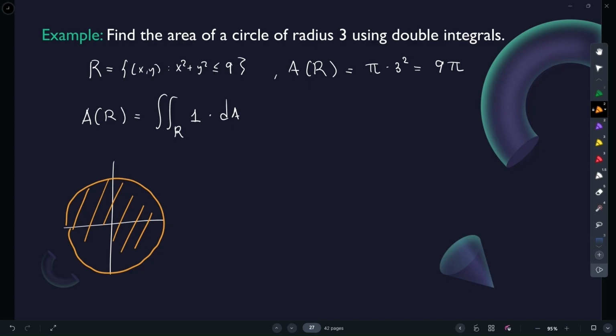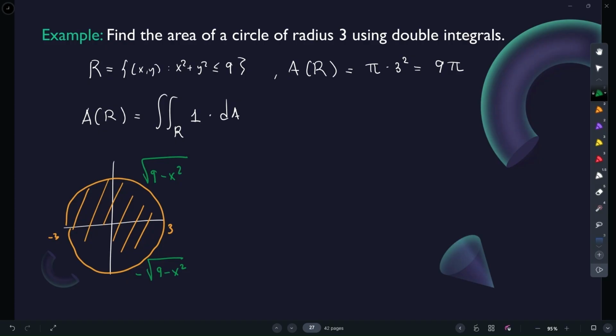And I can try to do that in Cartesian coordinates. Here's 3, here's minus 3. I could do it as a type 1 integral. This is going to be the square root of 9 minus x squared, and the minus square root of 9 minus x squared.